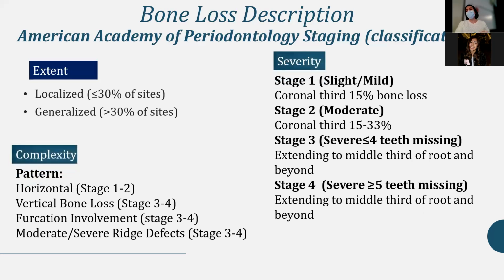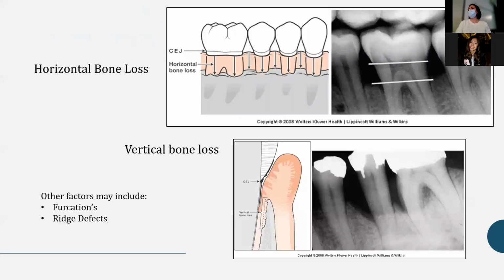Severity, complexity. Okay, so horizontal bone loss. What you have to be aware of is that the bone loss pattern is going to mimic where the CEJ is. Here's a CEJ here and here, and then the bone loss is just dropping straight down. This CEJ is a little bit higher than this CEJ.